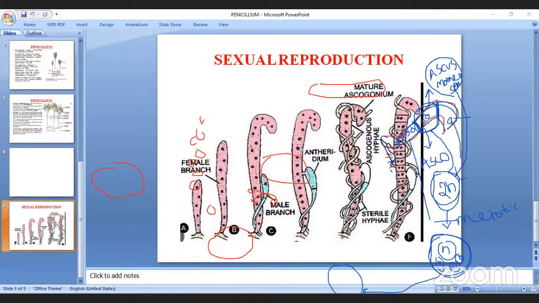Now 8 nuclei form in this. So actually this is part of the penultimate cell. All these changes occur inside the penultimate cell. Later the rest of the filament surrounded the ascus and developed into a fruiting body. The fruiting body is called a closed fruiting body, cleistothecium.